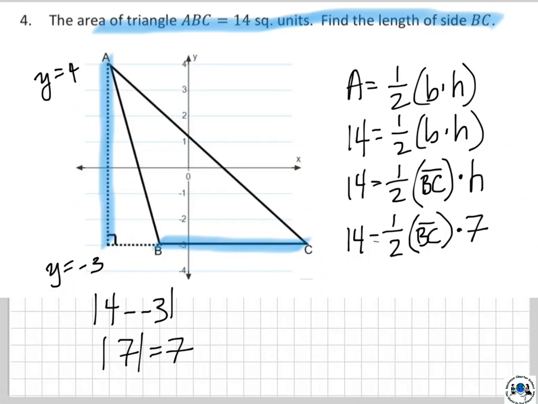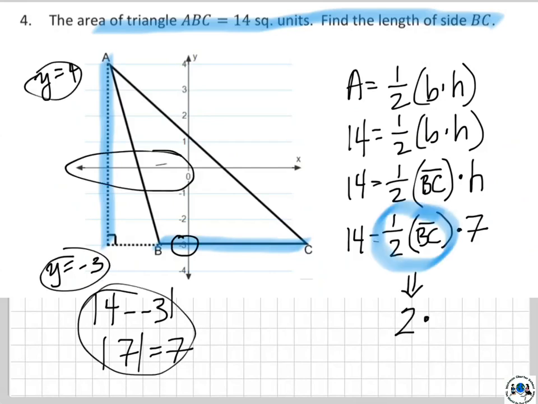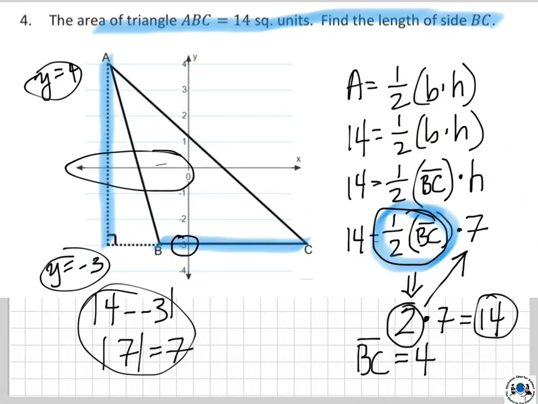Okay, so now we have 14 equals 1/2 BC times 7. So what is that BC going to equal? Well, if we know that this 1/2 times BC needs to equal 2, because we know that 2 times 7 equals 14, the only way that it can equal 2 is if BC equals 4.